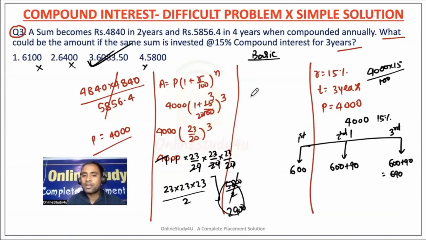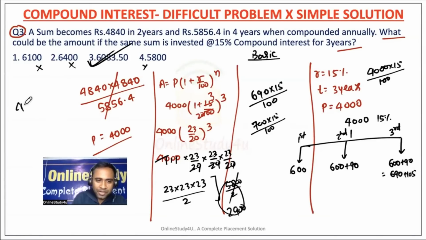And now we will calculate 15% of 690. Anyway, suppose it is 700, then what will be 15%? It will be around 105. Fine, no problem.